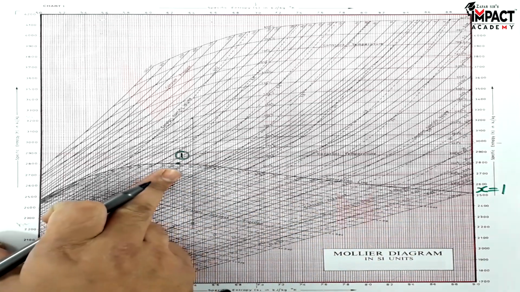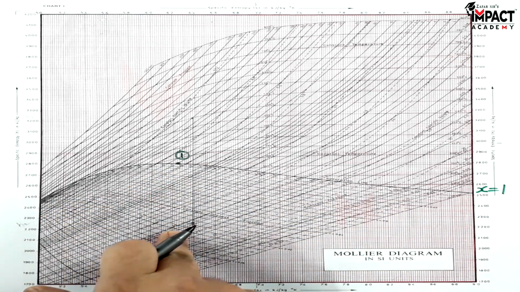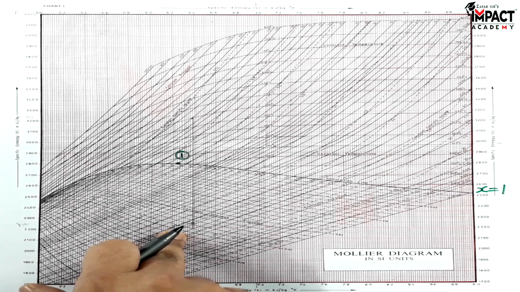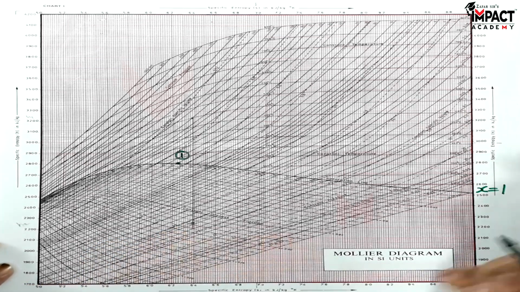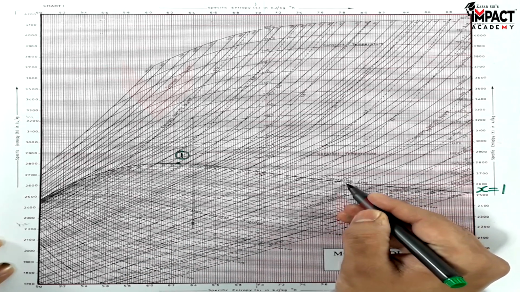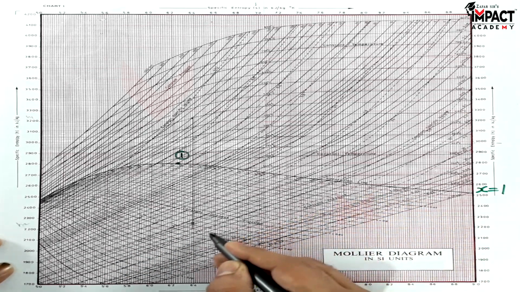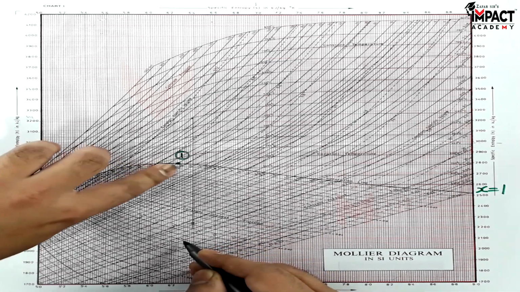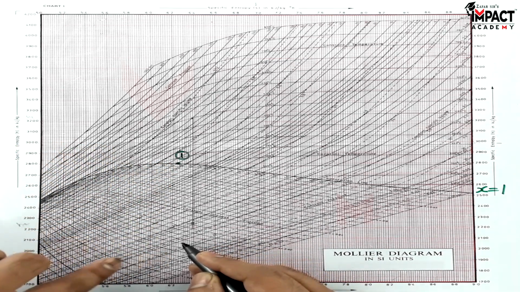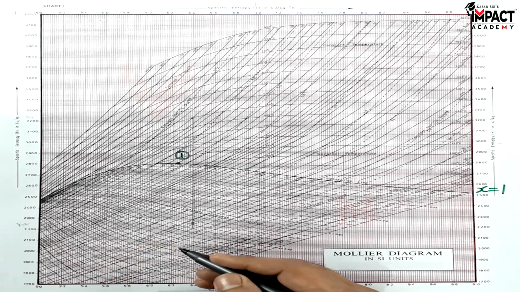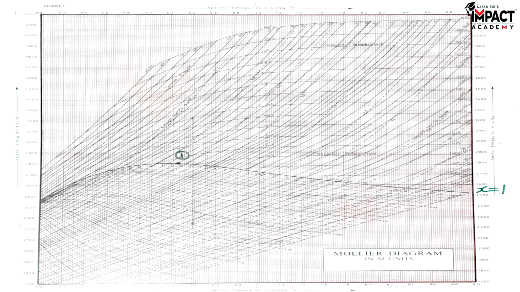Then I have to bring this line down like I have shown in the HS diagram, and it should intersect the pressure of 0.2 bar, and that 0.2 bar pressure is over here. We can see it is 0.2 bar pressure. So we have to drop a vertical line from here where it intersects the 0.2 bar pressure line. That would be point number 2.